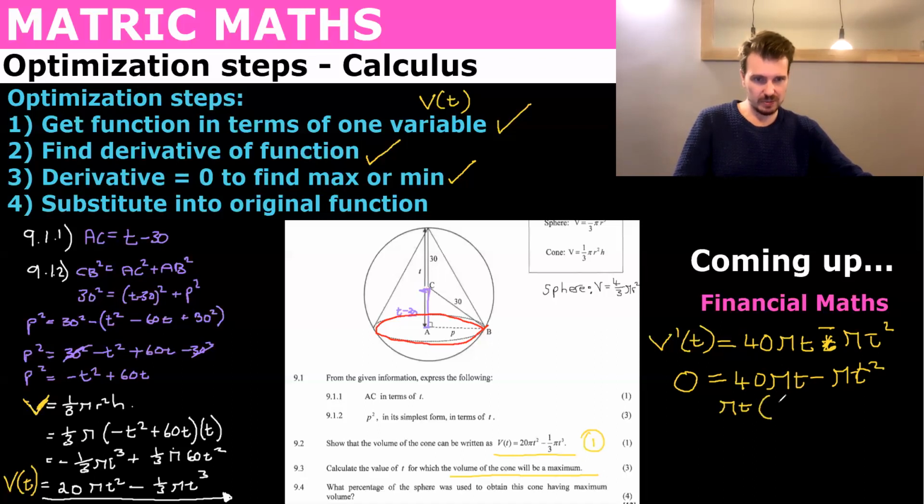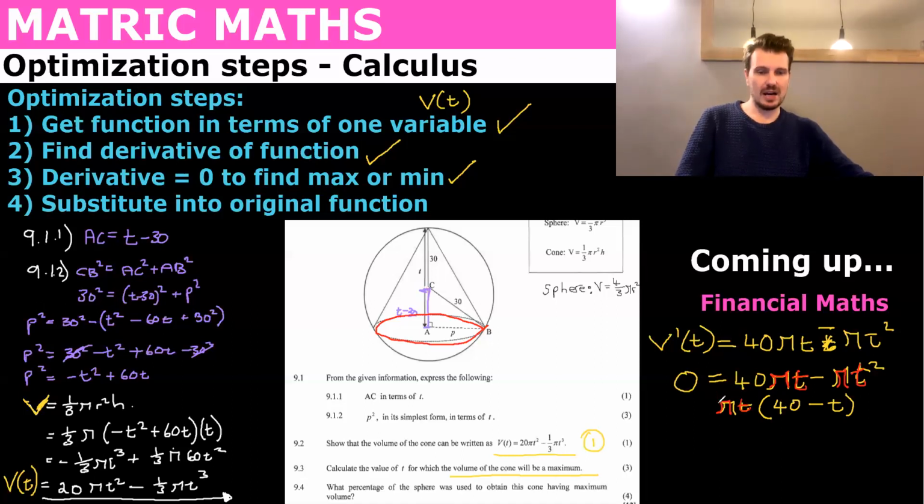And then this becomes 40 minus t. Okay, let me just show you that in colors. So there's a pi there and a pi there. We take that out. We take a t out as well. And so we're left with 1t here and 40 there. So we see that. Okay.